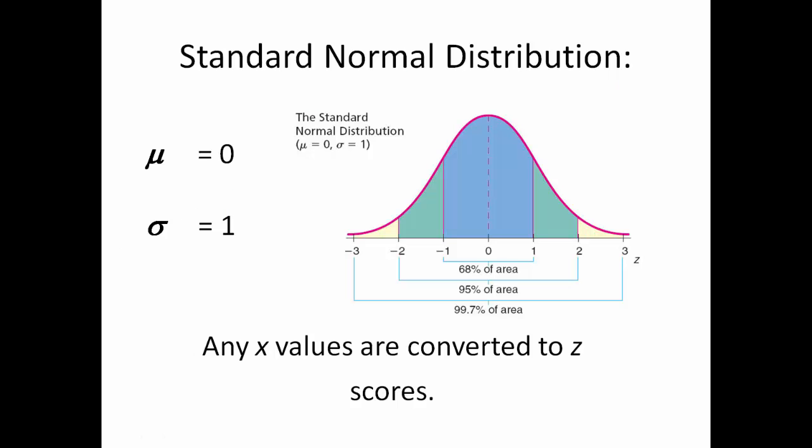So recapping what we said, the mean of a standard normal distribution is equal to 0, and the standard deviation is equal to 1. And my standard deviation values are represented as z-values.